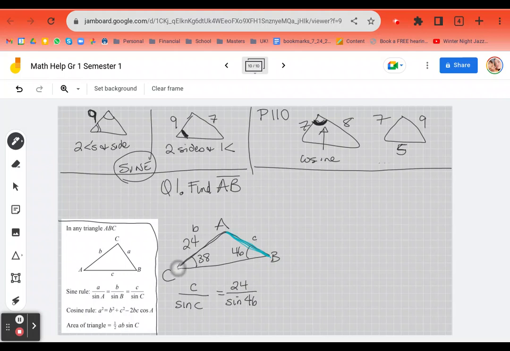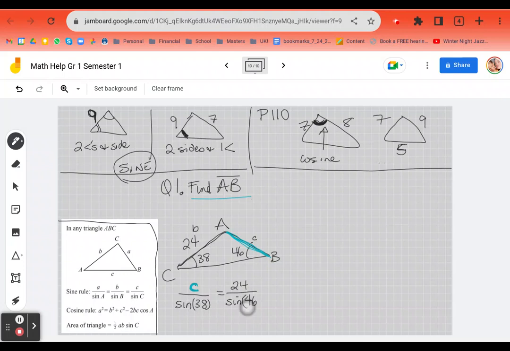See how I've done it? This over this, because I'm looking, remember, I'm looking for this. I'm finding AB, which is what I'm calling side C. It's over sine C, which is sine C, it's time to go to bed, is 38.